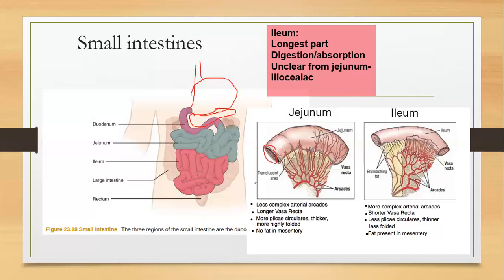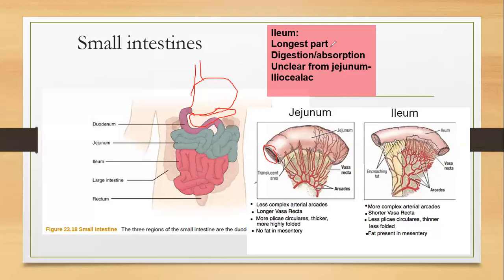So for the jejunum, the vasa recta are longer as compared to these, which are shorter. Then the arcades are more modified in the ileum as compared to the jejunum. Then the lumen of the ileum is smaller as compared to the jejunum.